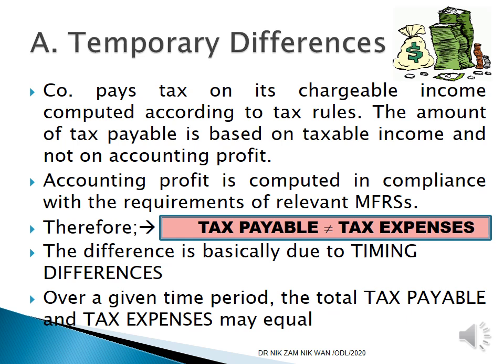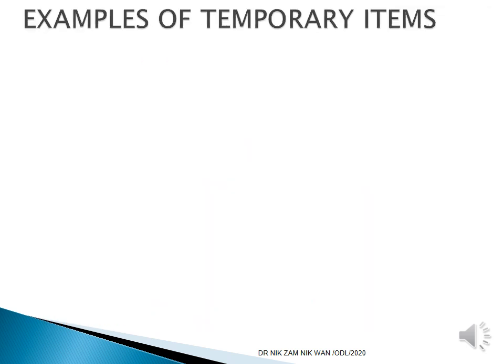Dalam tax rule, pengiraan tu tak diterima. Tapi dalam accounting profit, kita kira guna standard which allows us to deduct that amount. Okay. Kalau you tengok example, you may be able to understand it further.